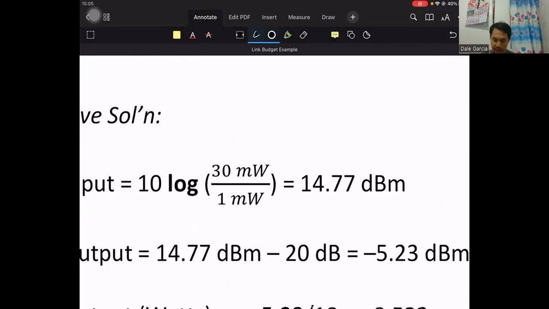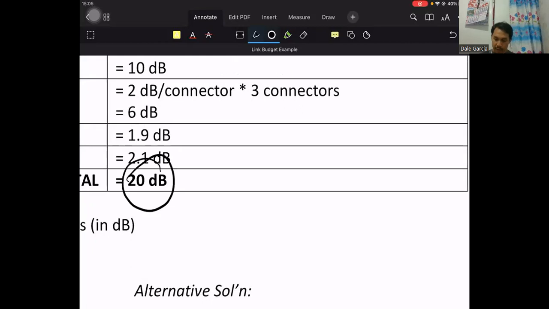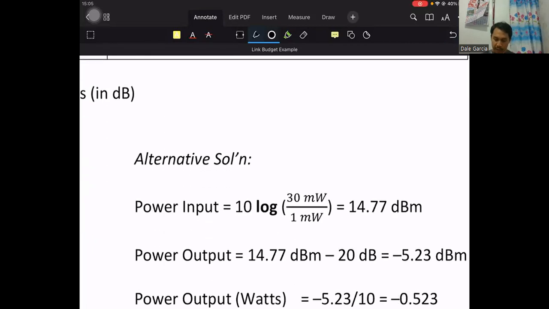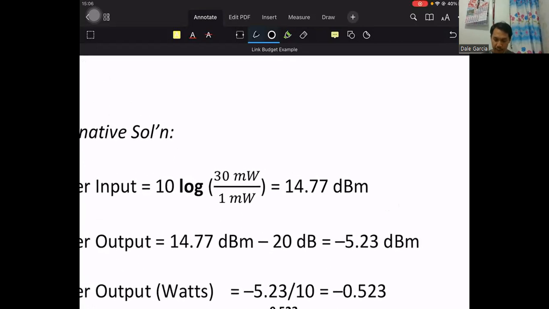The given loss is 20 dB. Remember, we can add or subtract dB and dBm, but because we started in dBm, the output is in dBm, not dB, the same as in this example.